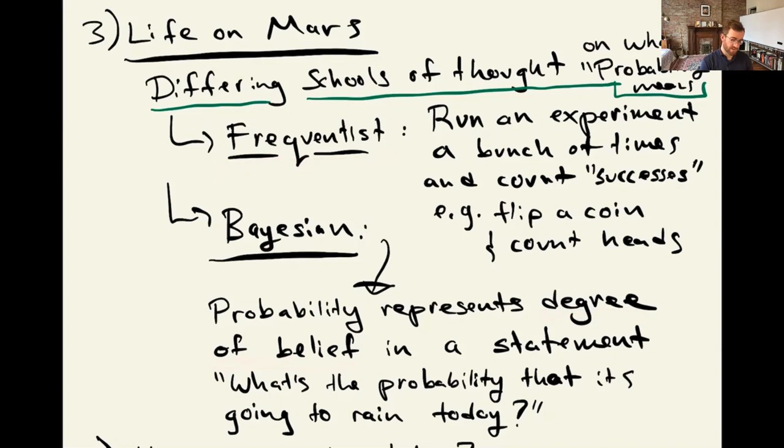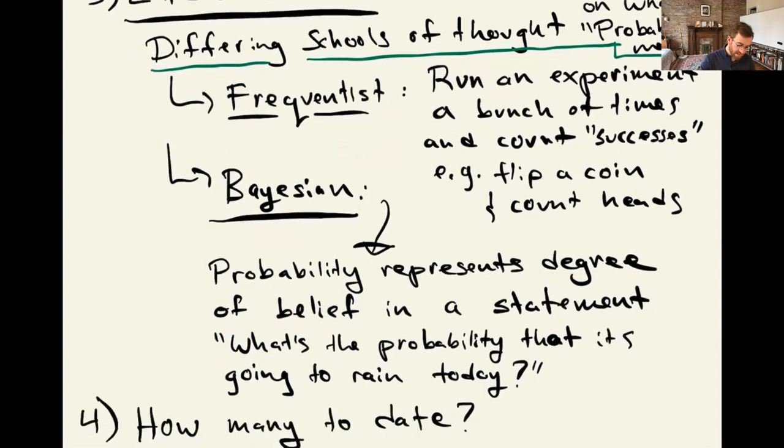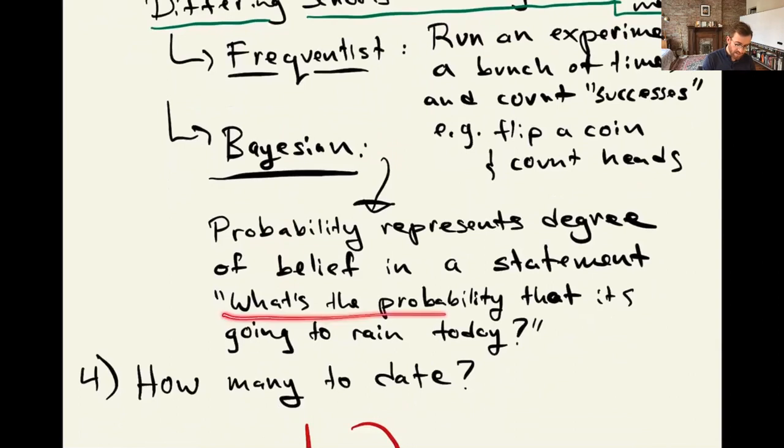So someone very firmly ingrained in the church, where he thought about belief all the time. So for example, instead of life on Mars, you can say, what's the probability that it's going to rain today? That should be calculated by your degree of belief in that statement. And however you arrive at that degree of belief is an open question.